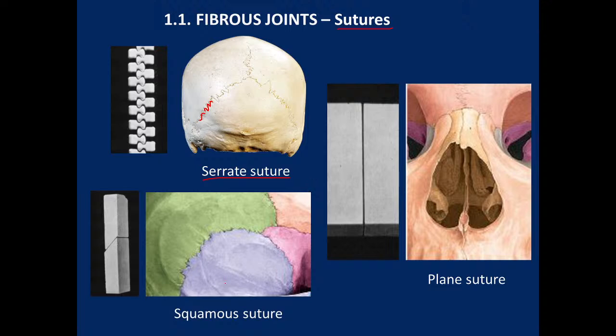The second sutures we call squamous sutures. This is the connection between temporal bones here and parietal bones. And the third group of sutures is plain sutures.